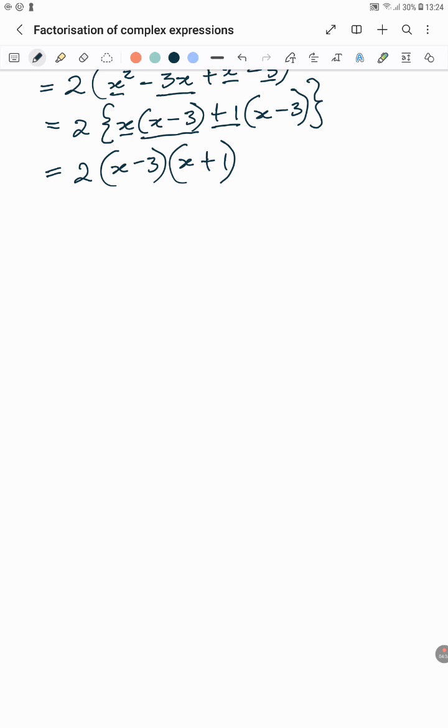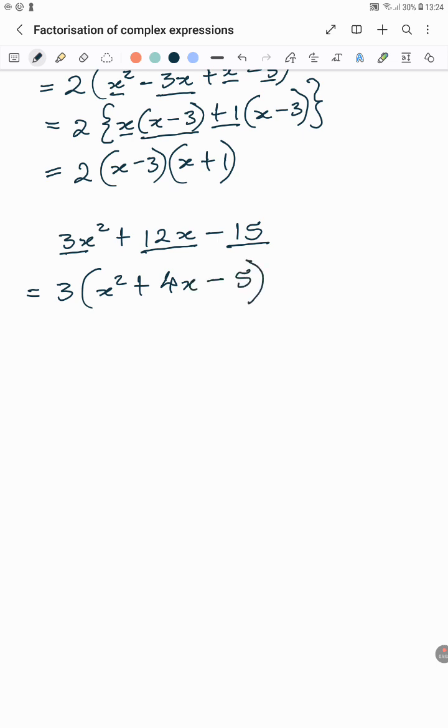Let's say you have 3x squared plus 12x minus 15. So you check for a common factor of these three terms, and you find 3 is the common factor. You take out 3 here, you remain with x squared plus 4x minus 5.